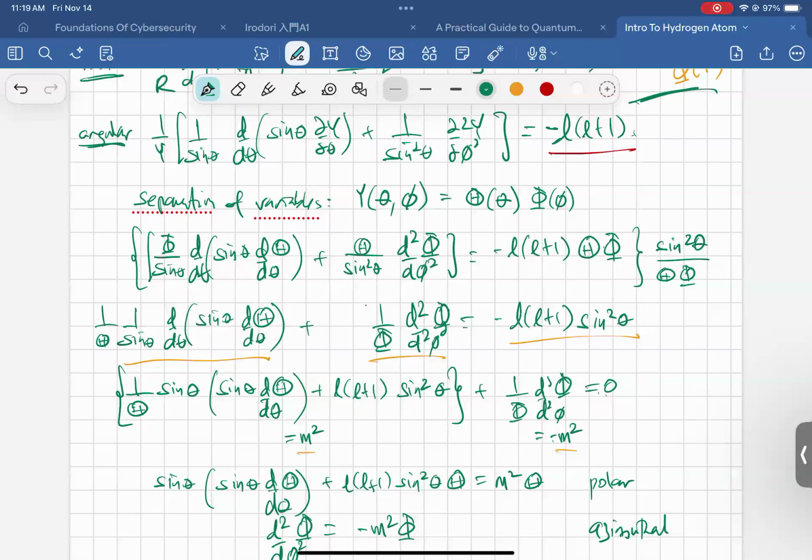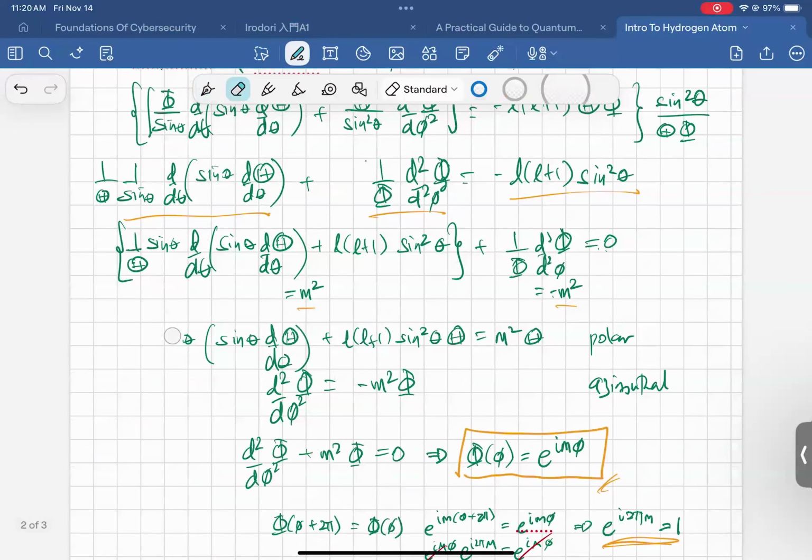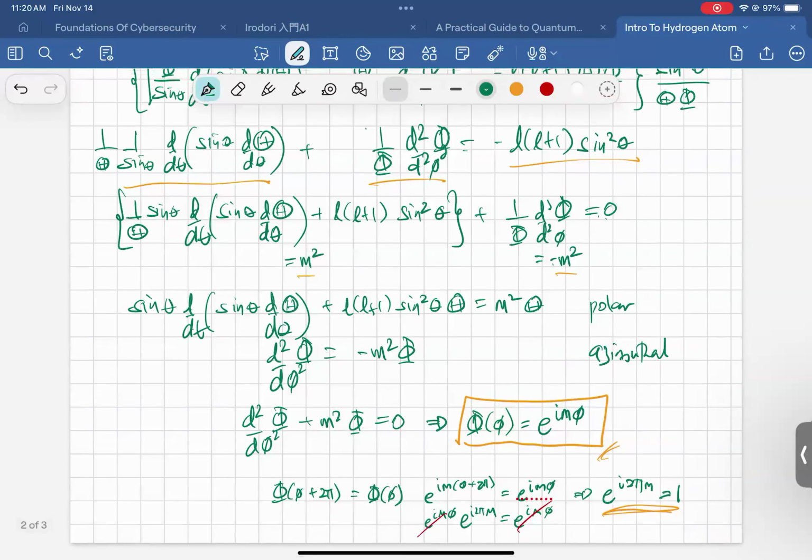Okay, and ano nangyari dito? So ito naman ay sine theta d theta. And then ito ay sine theta d theta. Okay?